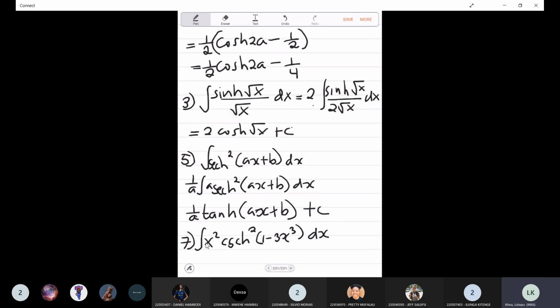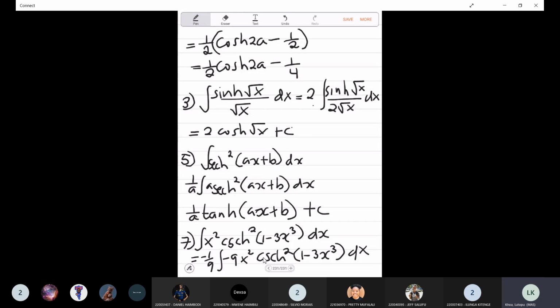So I need a negative 9 here and negative 1 over 9 outside. So negative 1 over 9 integral of negative 9x squared hyperbolic cosec squared of 1 minus 3x cubed dx.